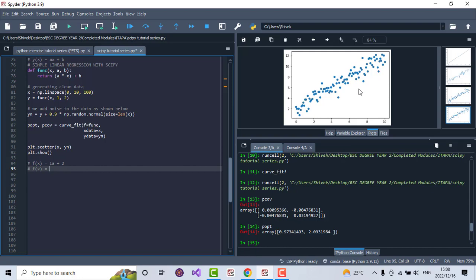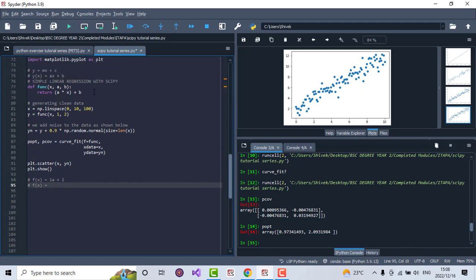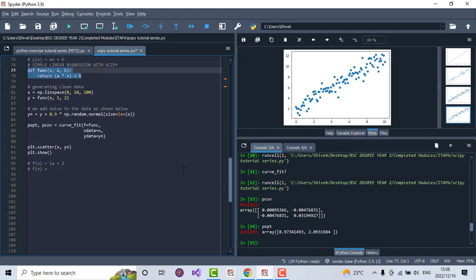It only saw the data points and the type of equation we are working with, and it thinks that the optimal values for the equation would be 0.9734a plus 2.0931. As you can see, this is not bad at all.